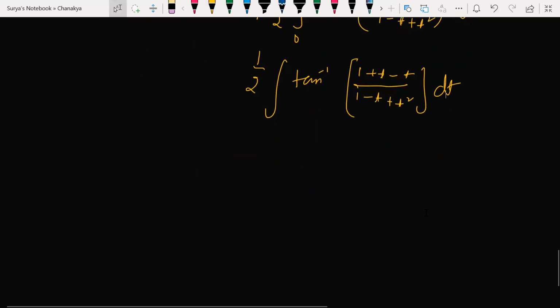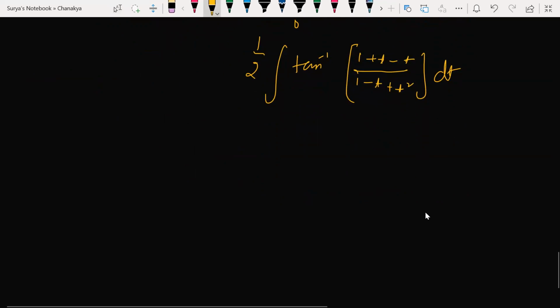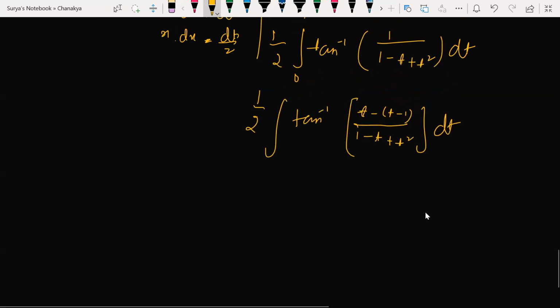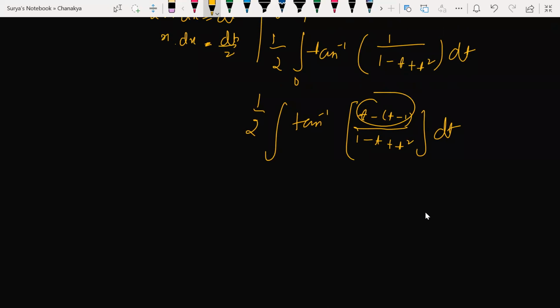Now in the numerator part, let us write it like this: t minus of (t minus 1). If I solve this numerator part, I'll get 1.